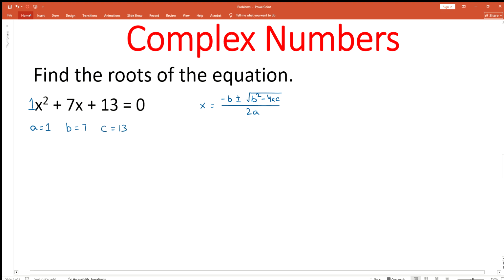We can use these values of a, b and c in the quadratic formula. I get negative 7 plus minus square root of 7 squared minus 4 times 1 times 13, over 2 times 1.